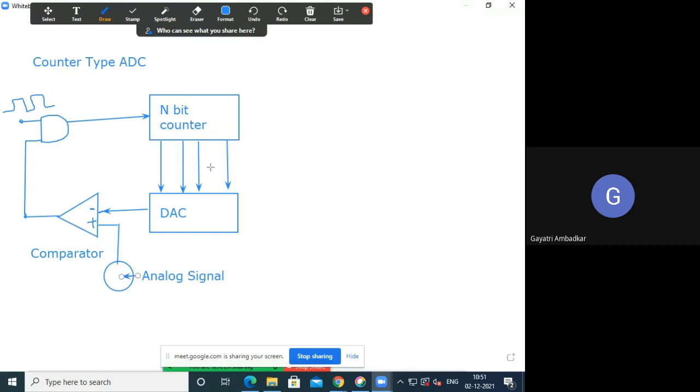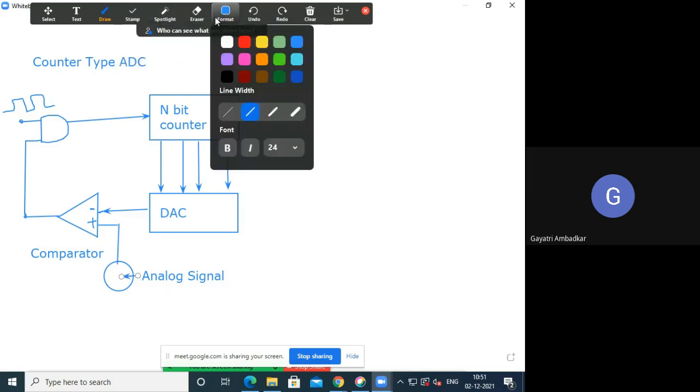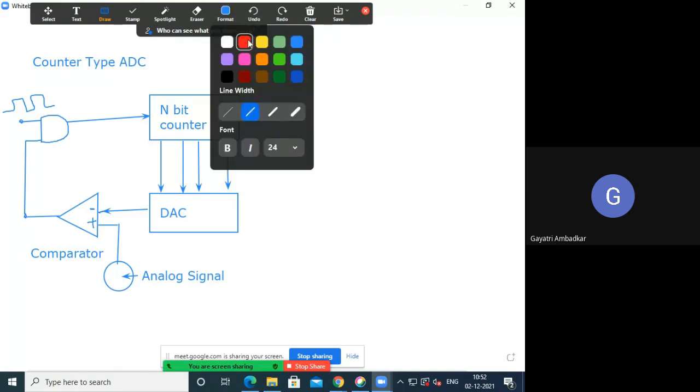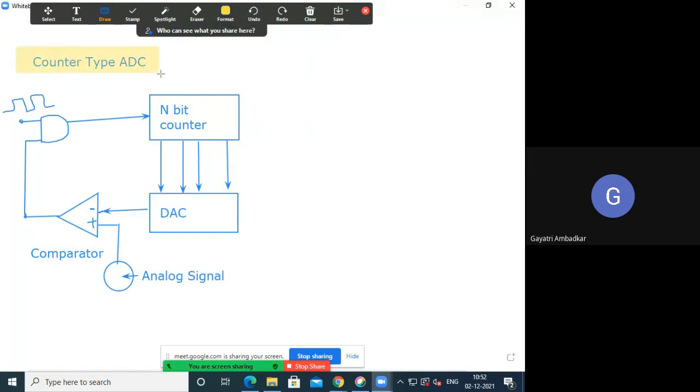Is it a 2-bit counter or a 3-bit counter? Accordingly, it will give you the output. So this is your counter type ADC.